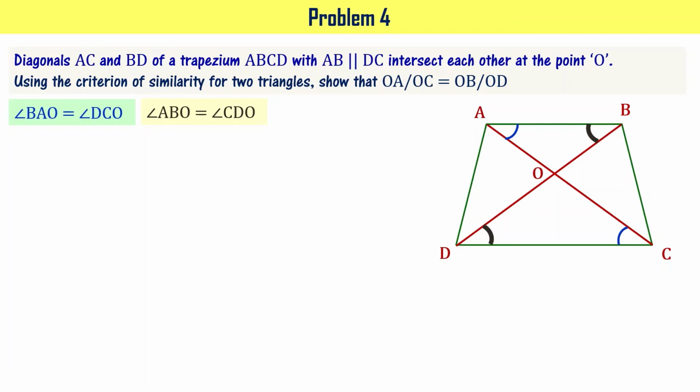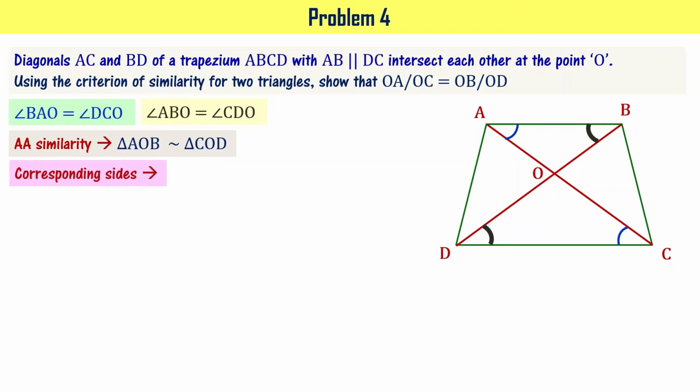Now, if you observe triangle ABO and triangle CDO, two of the corresponding angles of these two triangles are equal. It means we can apply the AA criterion of similarity. As per that, triangle AOB is similar to triangle COD. Let's see what the corresponding sides are for these two triangles. If you take angle A and angle C, the blue color arcs, the sides opposite to those are OB and OD respectively.